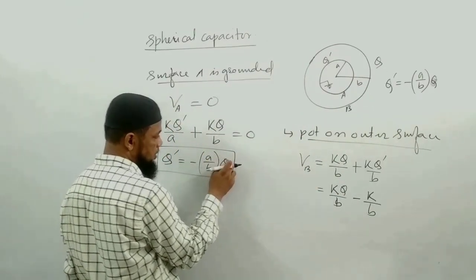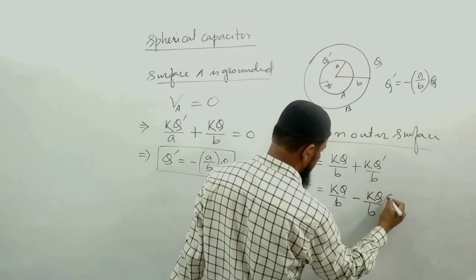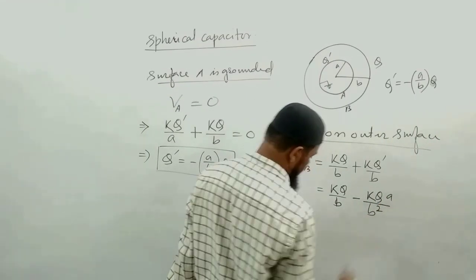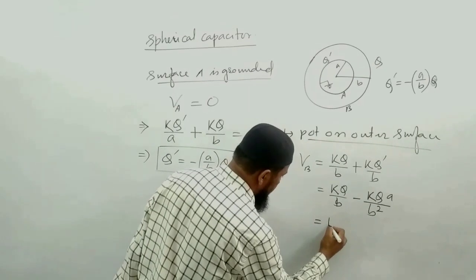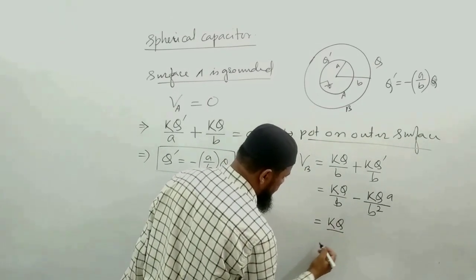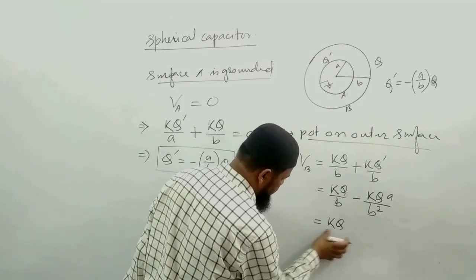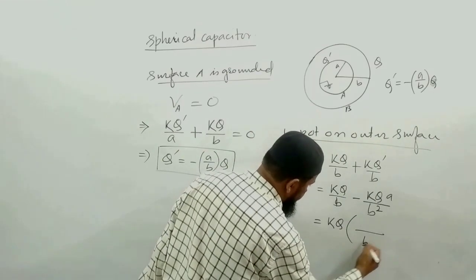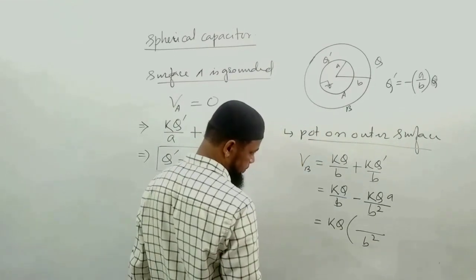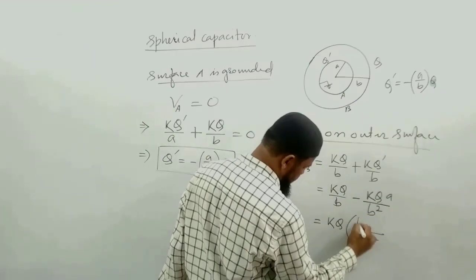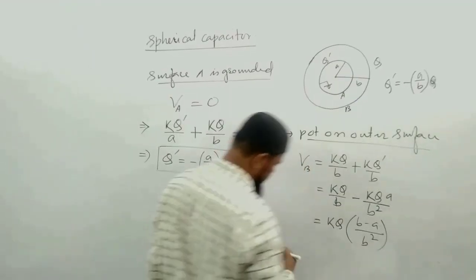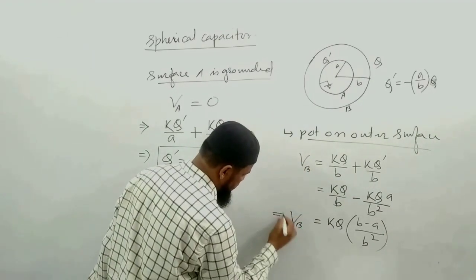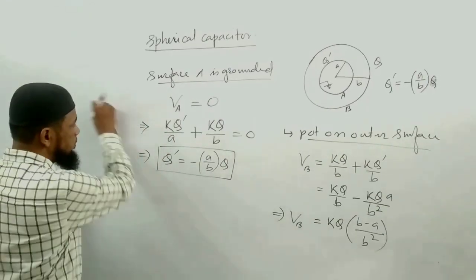K is there, Q, A by B will make it B squared. So from here we can take KQ common. Within the bracket what will remain? B squared is the LCM. 1B will remain here, 1A will remain there. This is the potential on the outer surface, VB.